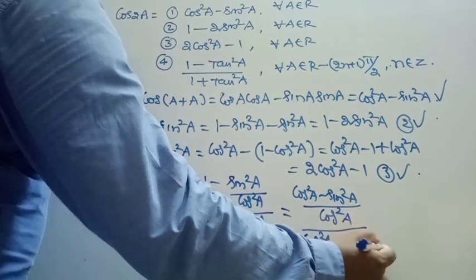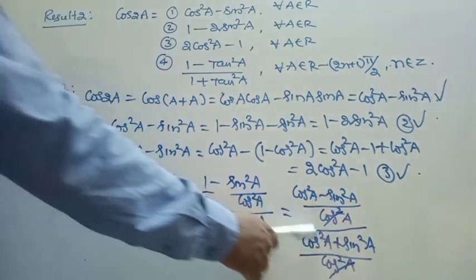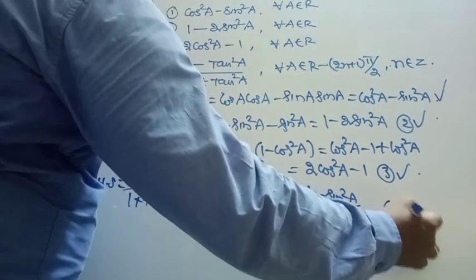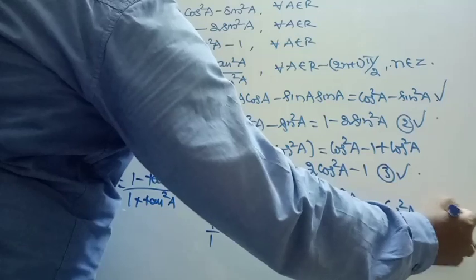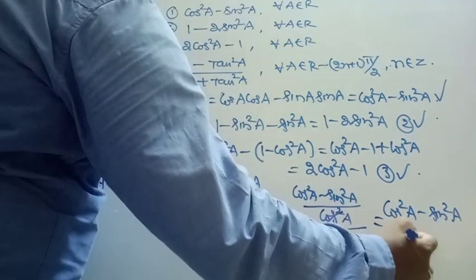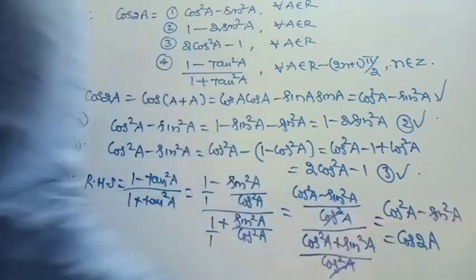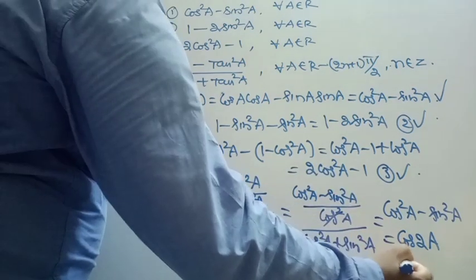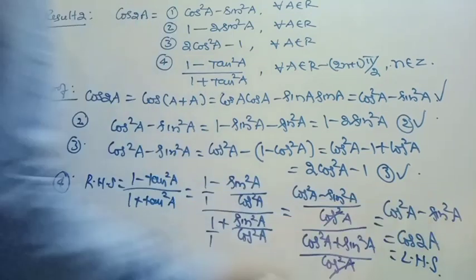Now this cos square a cancels, and cos square a plus sin square a is 1, and you have got cos square a minus sin square a, that is equal to cos 2a. See, you have taken the right hand side part, and beautifully we have got the left hand side.